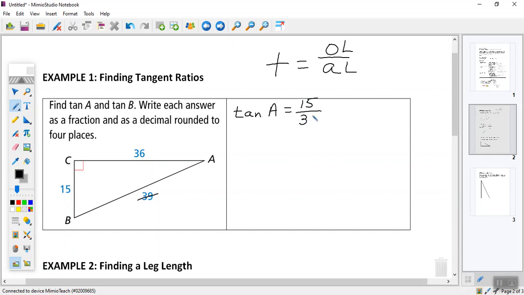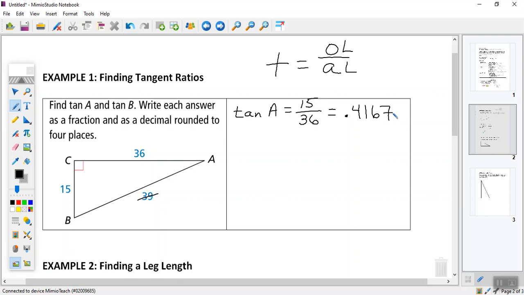Now kids, they also want that to 4 decimal places. So in your calculator, just go 15 divided by 36. That's .4167 if we round correctly.